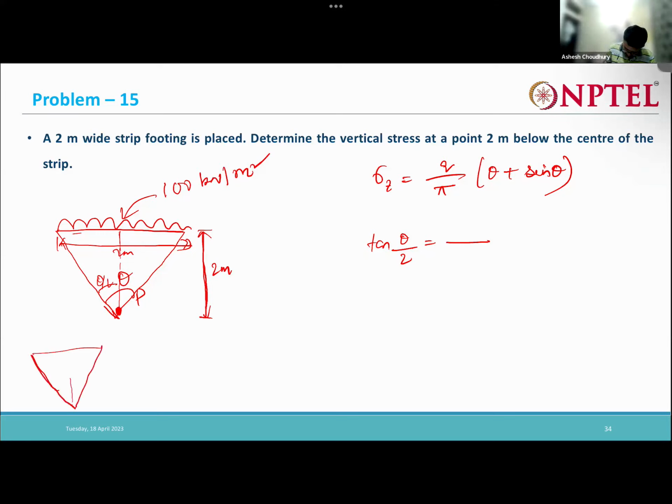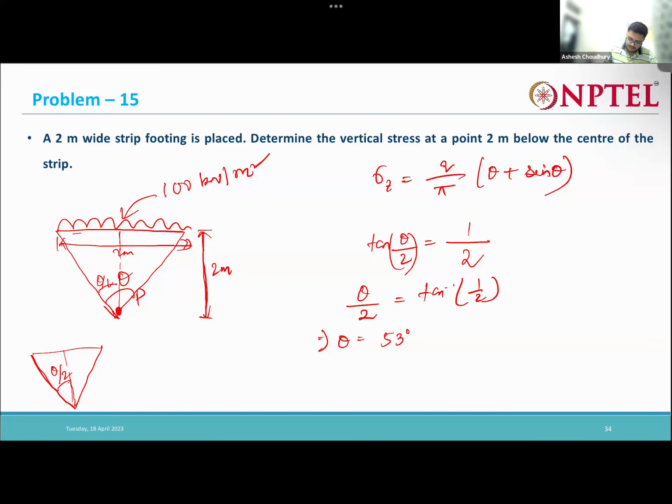This is theta by 2. So what is tan theta by 2? 1 upon 2. So theta by 2 will be tan inverse 1 by 2. So my theta will be 53 degrees, 53.13 degrees. Convert this to radian also.